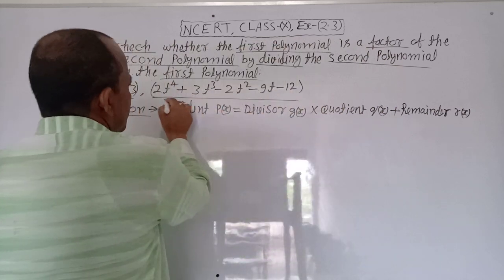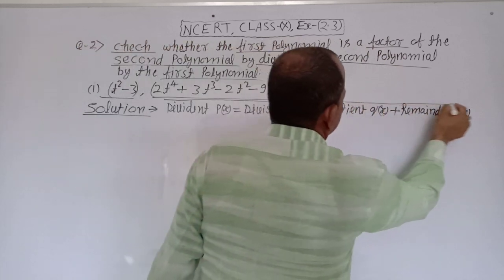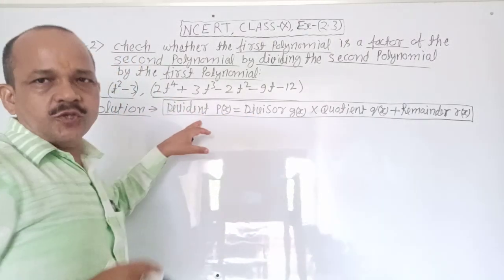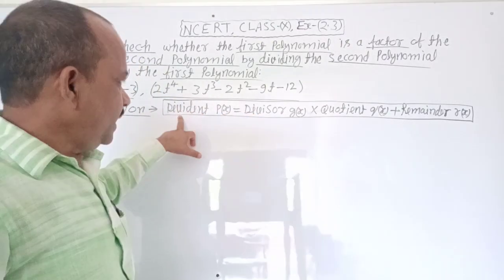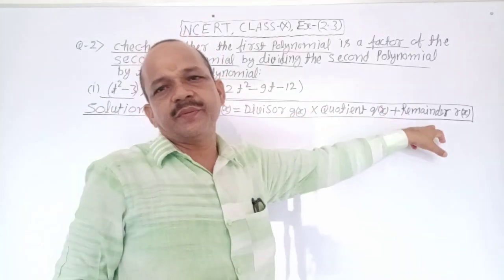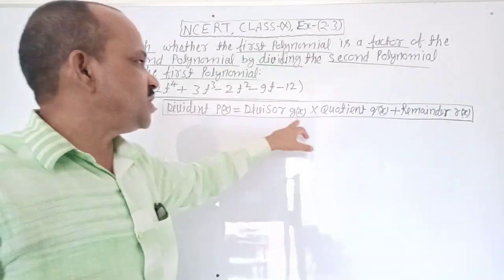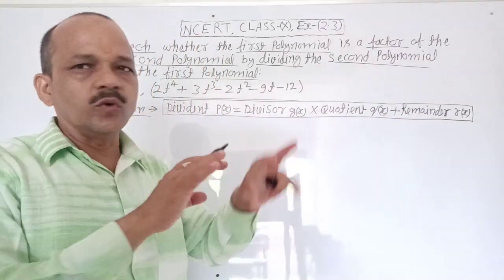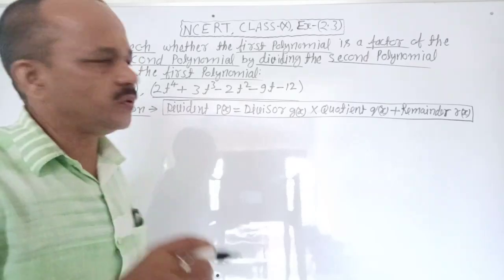It is an identity. It is a suitable identity. Dividend equals divisor multiply quotient plus remainder. It means p(x) equals g(x) multiply q(x) plus r(x). It is clear, no confusion about it. Very good.